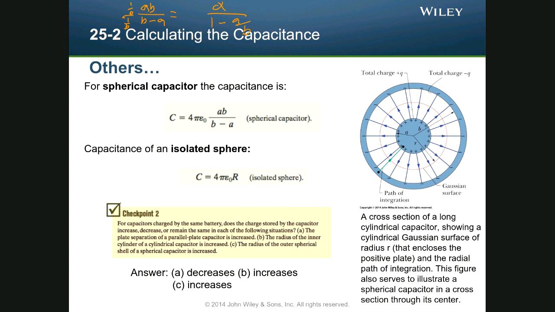So now this is a little easier to look at, and we can see what happens as B becomes bigger. Let's at least answer the question. So as B becomes bigger, A over B becomes smaller, so it's 1 minus a smaller number.